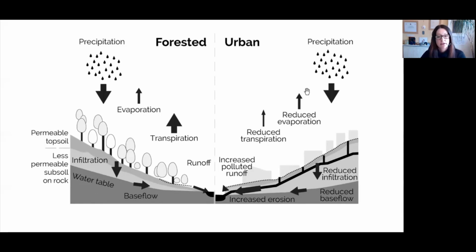If we look at the urban diagram once more, we also see these words: reduced evaporation, reduced transpiration, increased polluted runoff, reduced infiltration, reduced base flow. So these are showing us the differences between the forested diagram and the urban diagram, and these are the main points, the main features that we can focus on.